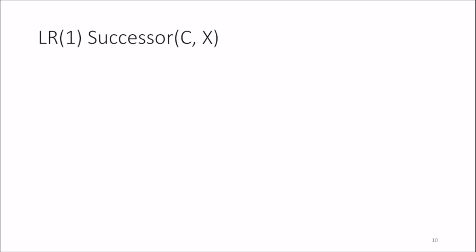So let's talk about the successor function. If I am at a configuration or item set and I have a symbol, it's either a terminal or non-terminal, and I want to compute a successor, then all I have to do really is, if the dot is before a non-terminal or a terminal, make sure that I don't forget about this look ahead.